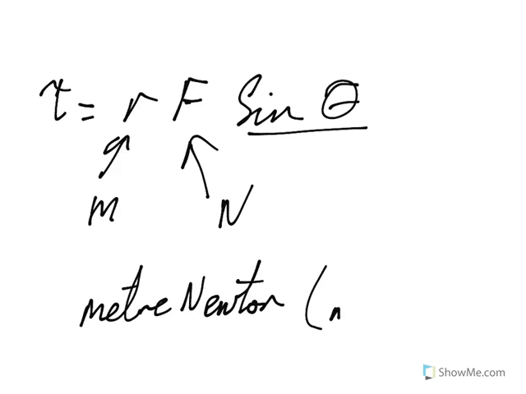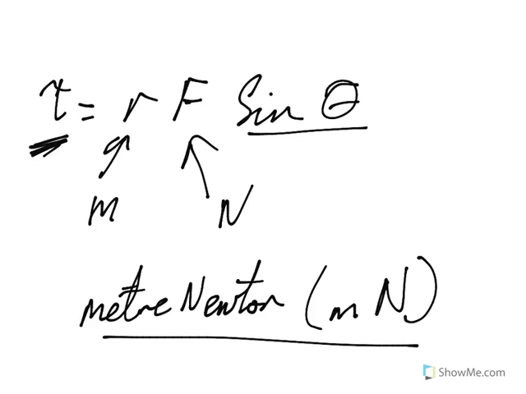MN. Later when we get to work and energy, there's something that's similar to that, but it's important to remember when we're talking about torque, meter Newton is the one we have to use. It talks about a particular application of it. So meter Newton, torque.